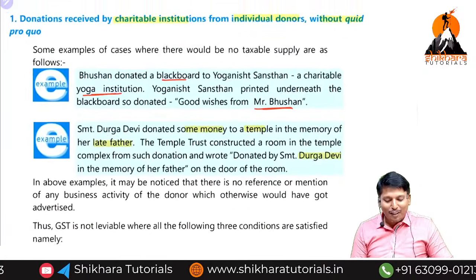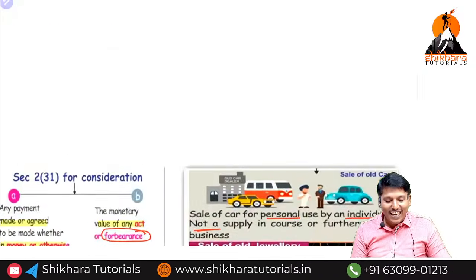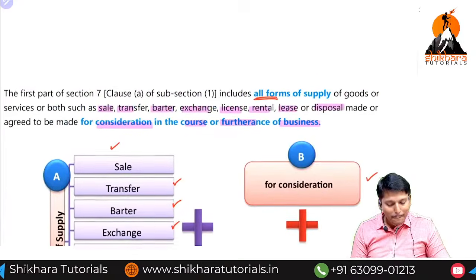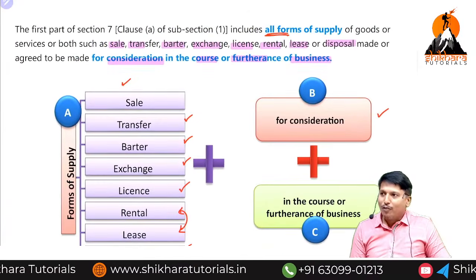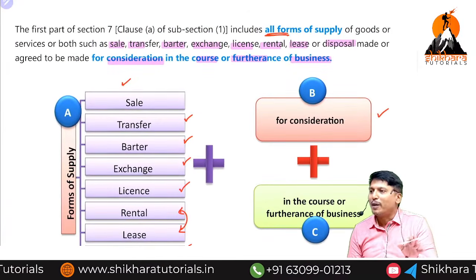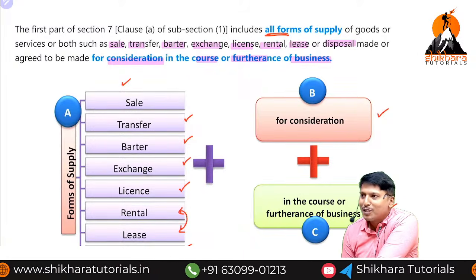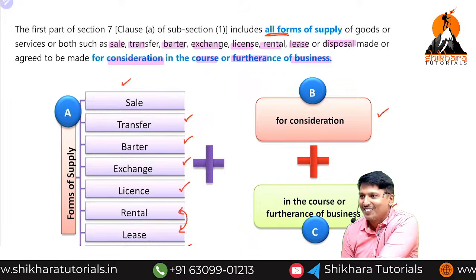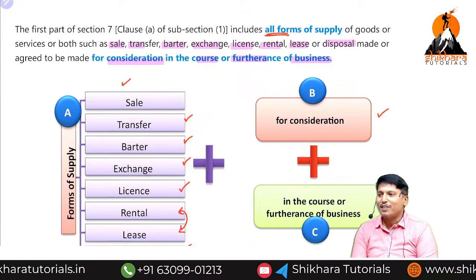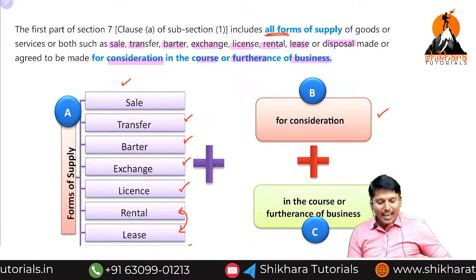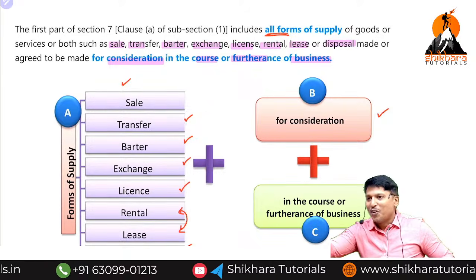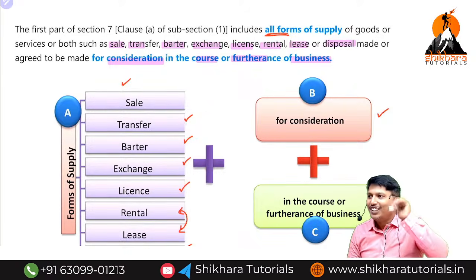As of now, we covered only one line in supply. Without supply, there is no question paper either in inter or in final. Big chapter. So what is the first line? As I said, with consideration, 2 points and 3 schedules.